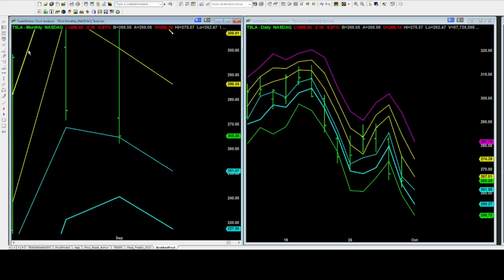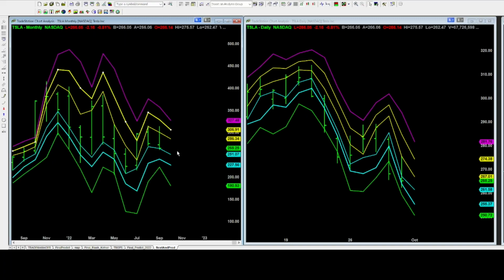So the next month, the fluctuation range is at least around this range, between $251 and $286. If I zoom it back, this fluctuation range for the next month is around $251 and $286.